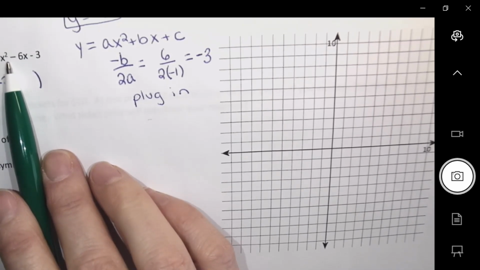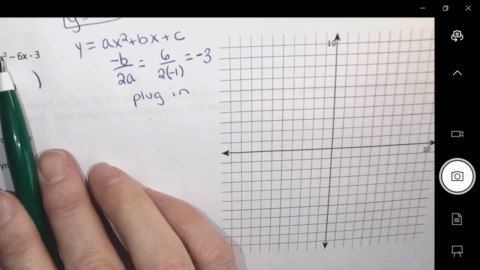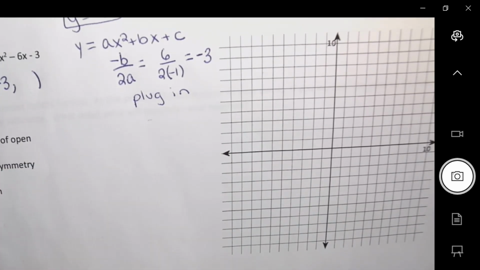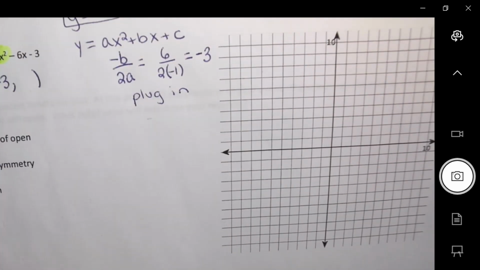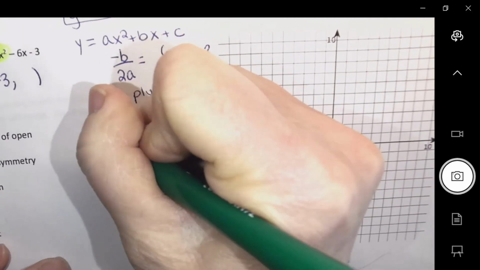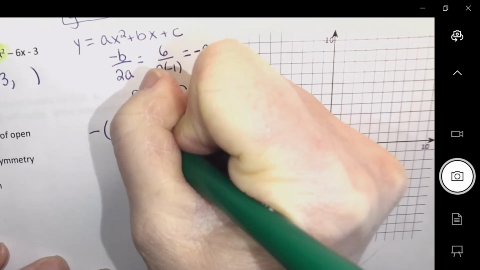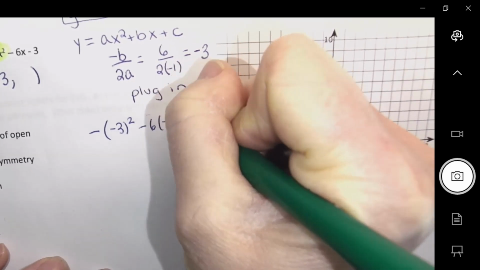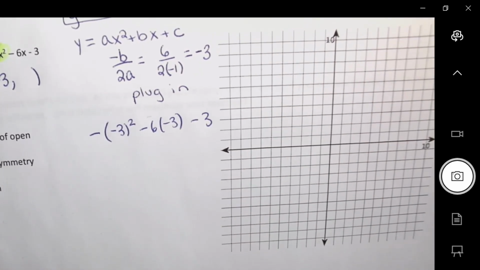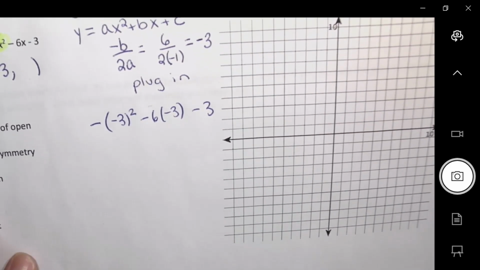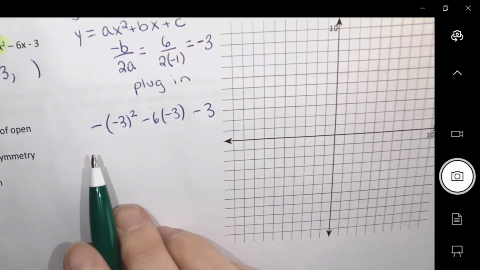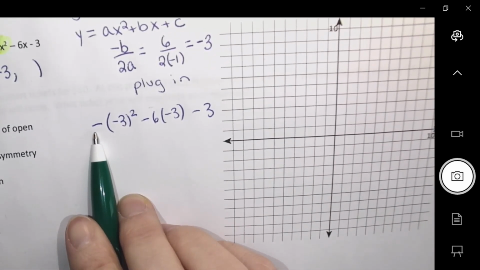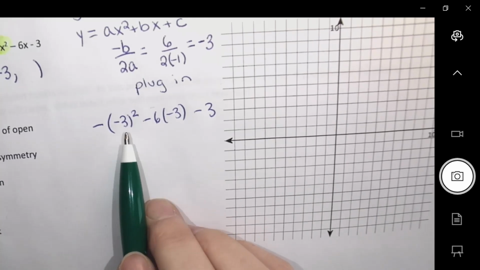So think about how to do that. But this is a big common mistake on the test, plugging it in. So this is what it would look like, and this confuses people. It's the negative of negative 3 squared.